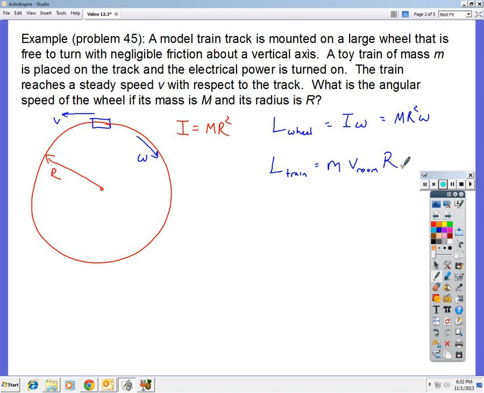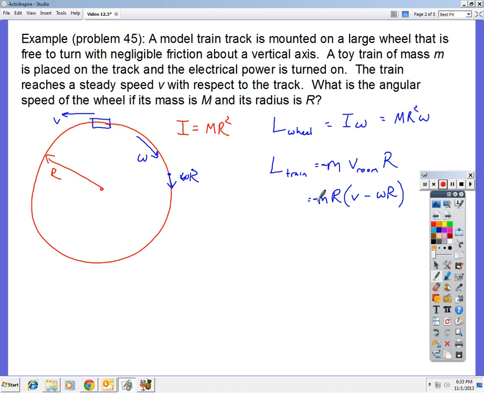This speed v that's given is the speed relative to the track. But a point on the track is moving backwards at a speed omega r, and so the speed of the train relative to the room is v minus omega r. And the angular momentum of the train is negative because it's rotating the opposite direction of the wheel.